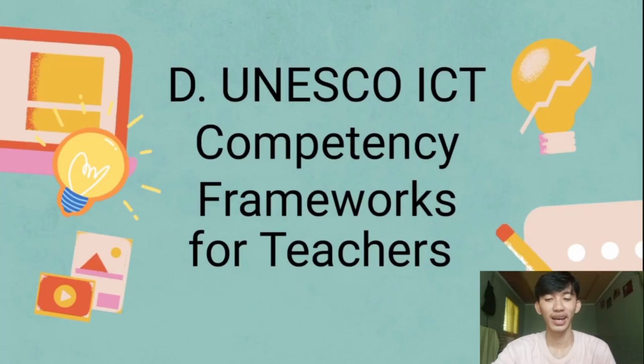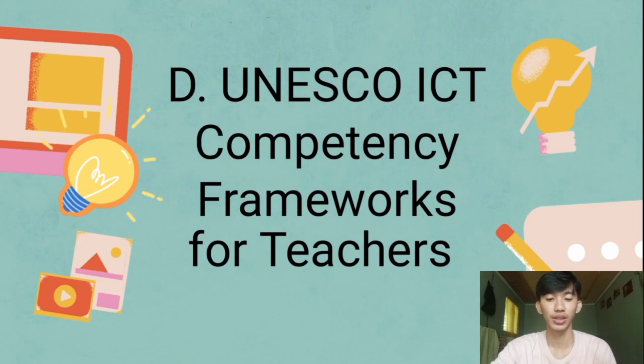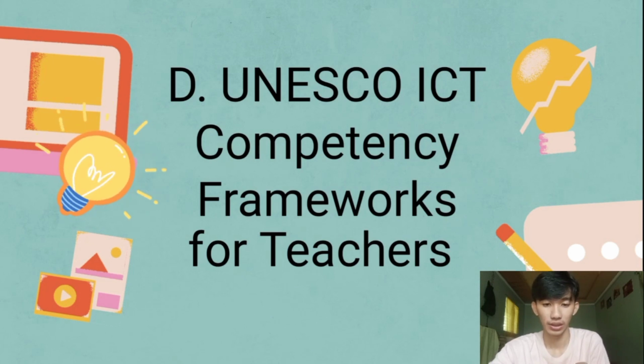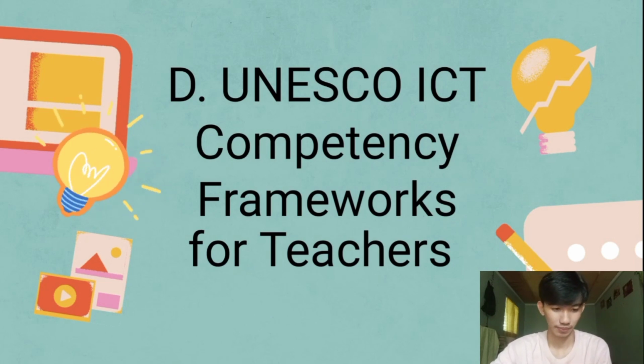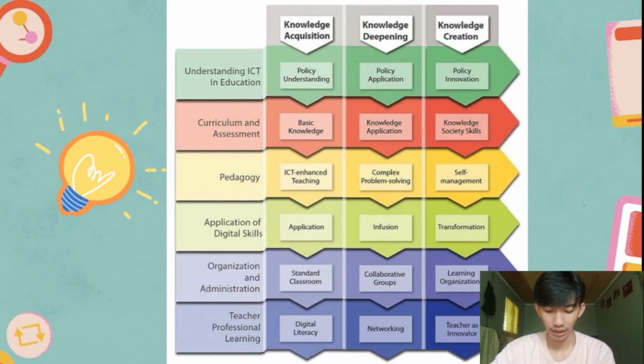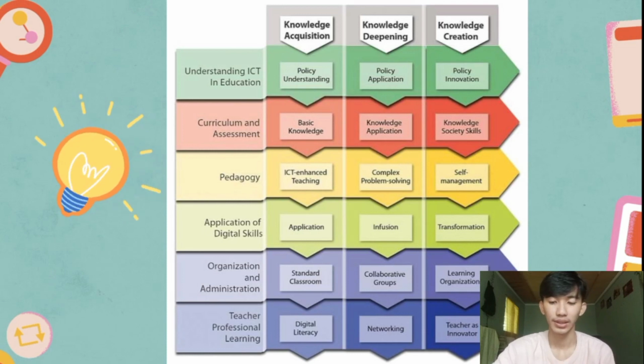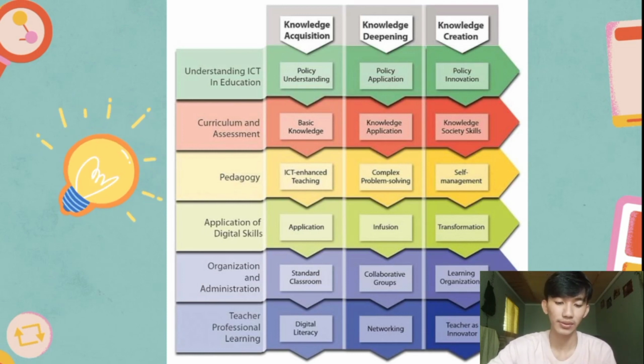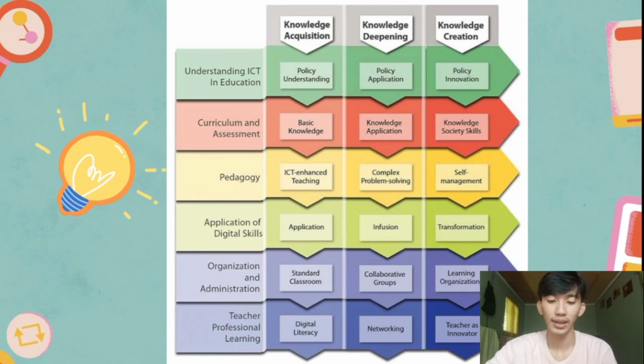So the next is the UNESCO or United Nations Educational, Scientific and Cultural Organization ICT Competency Framework for Teachers. In the UNESCO competency framework, there are 6 aspects and 3 levels. So the 6 aspects are: first, understanding ICT in education.